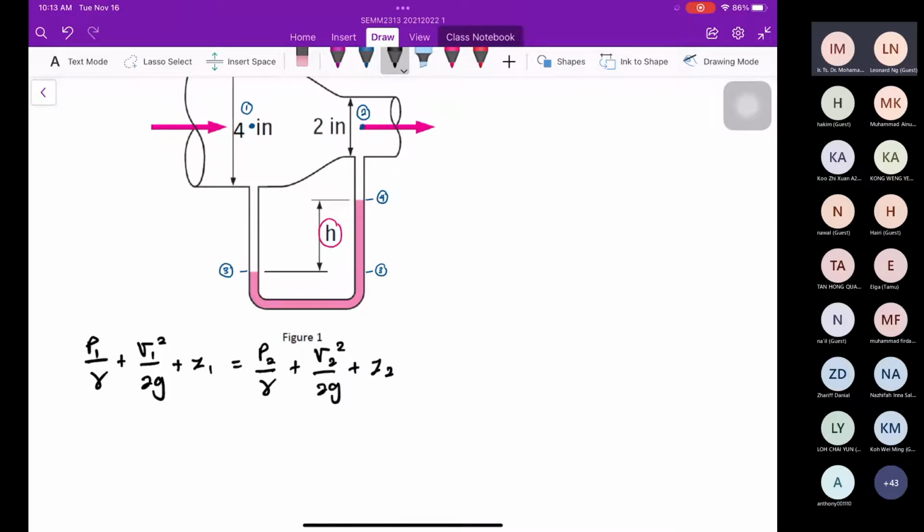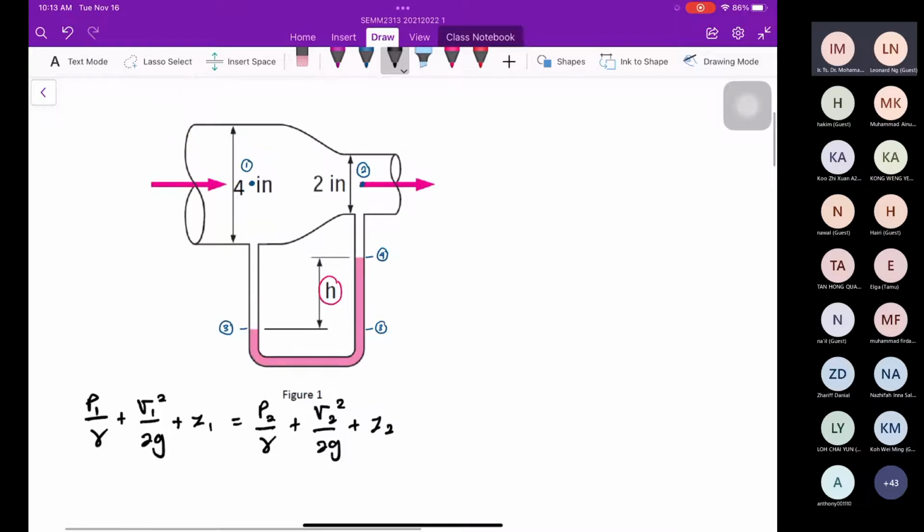This is the Bernoulli equation. We can see that they are at the same level. Let's say our reference point is here, so this level and this level are the same. So we can cancel Z.